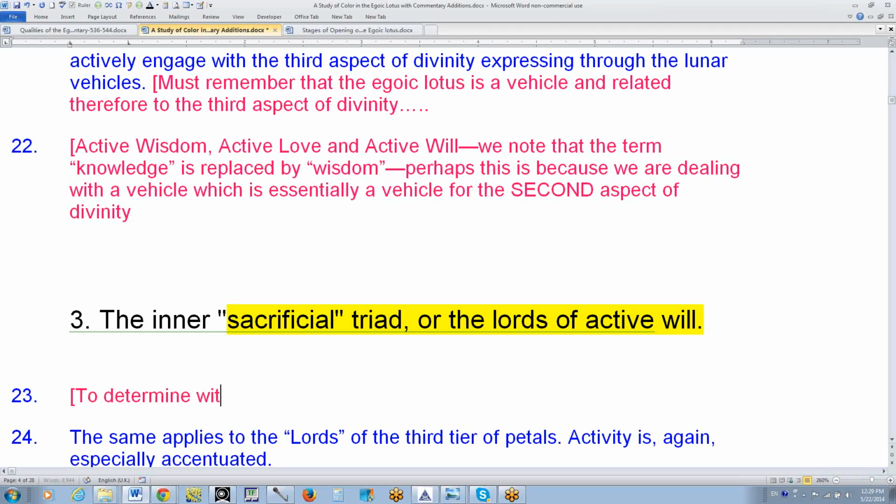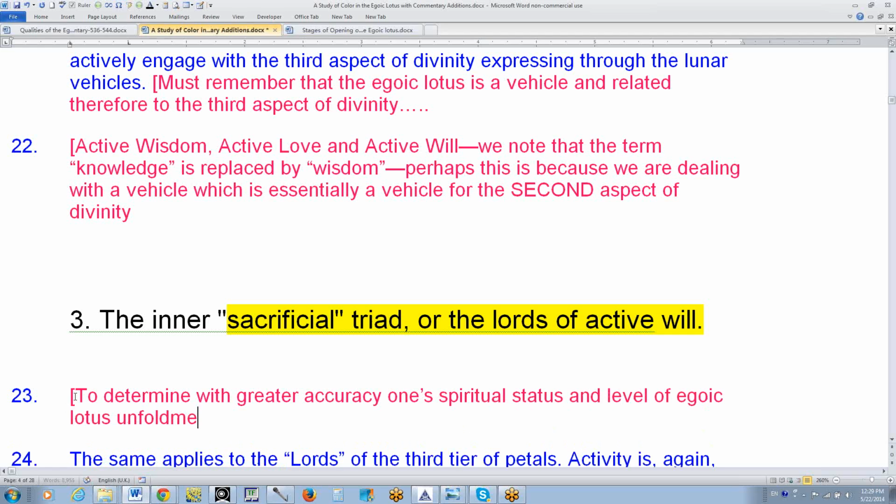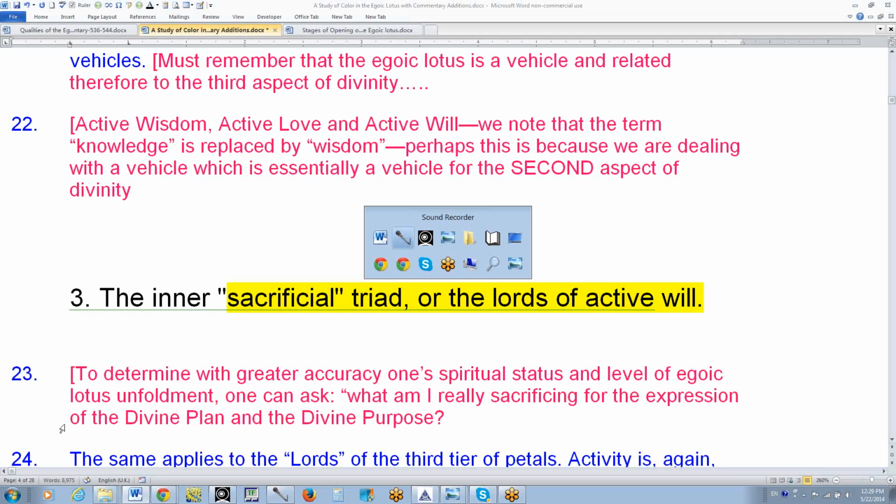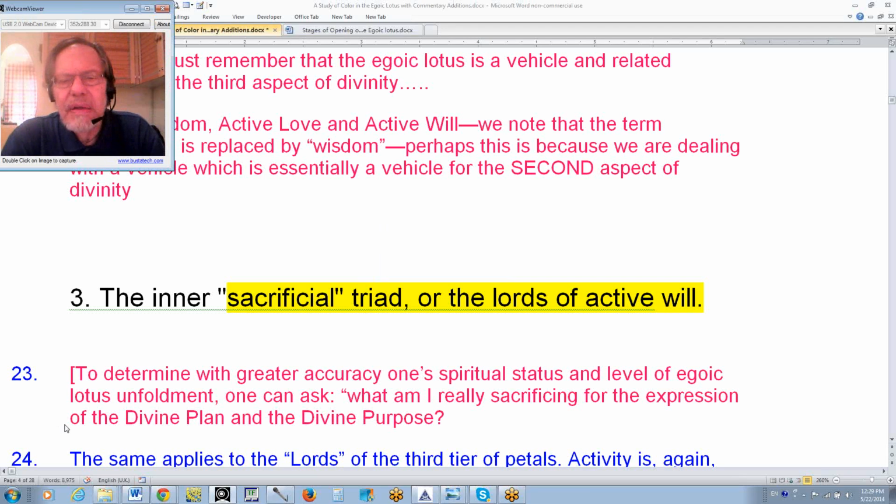To determine with greater accuracy one's spiritual status and level of Egoic Lotus unfoldment, one can ask, what am I really sacrificing for the expression of the divine plan and the divine purpose? And it's a humbling question, I think, maybe, without exaggeration, to answer that. And we may discover that our motives are more inclined towards accumulation than actual sacrifice. Well, each to his own assessment.